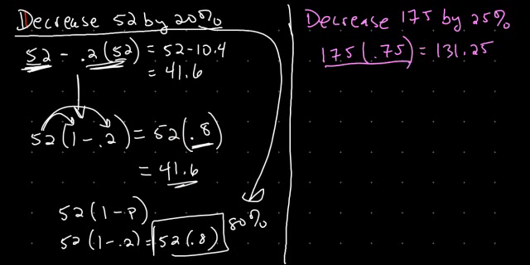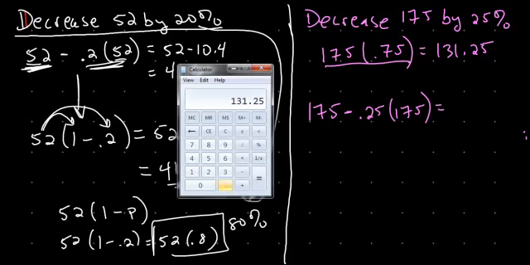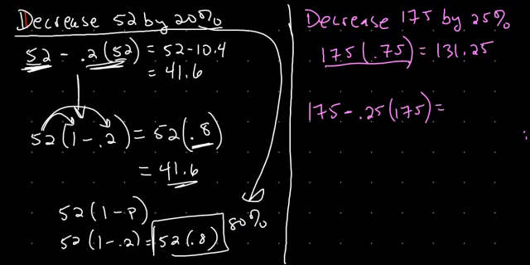But now let's work it out the long way, just so we see that this really does make sense. Decrease 175 by 25%. We would start with our 175, then we subtract off 25%, 0.25 times 175. Let's do our multiplication first. 0.25 times 175 is 43.75.